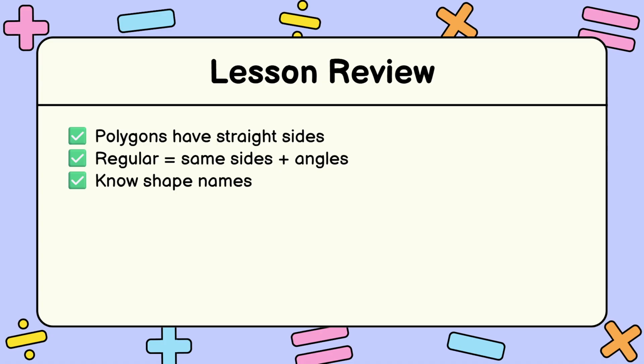Next, regular polygons have sides and angles that are all equal. This uniformity is what differentiates regular polygons from other types. Lastly, it's important to be familiar with the names of different shapes.